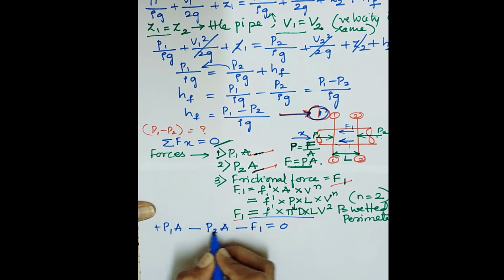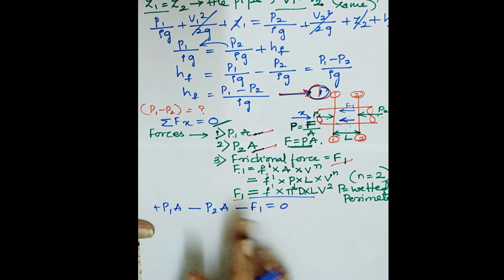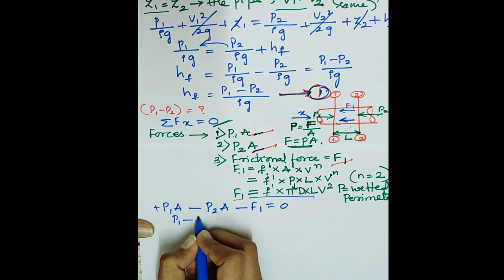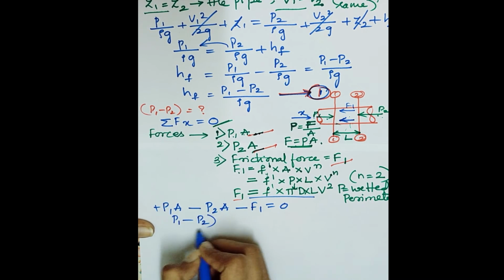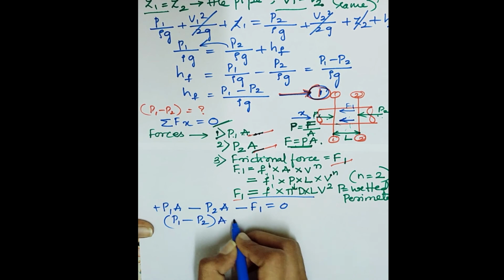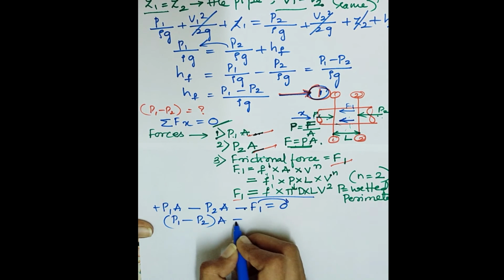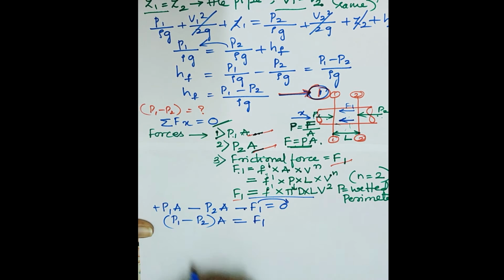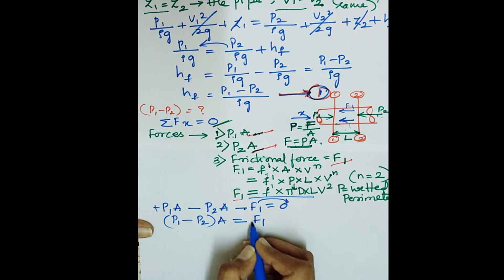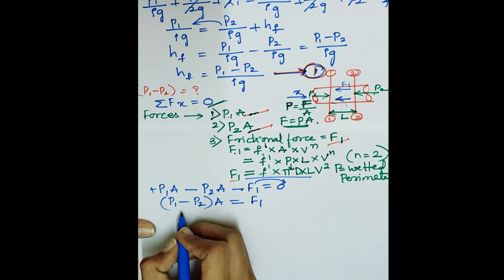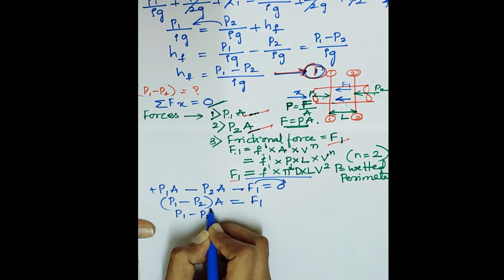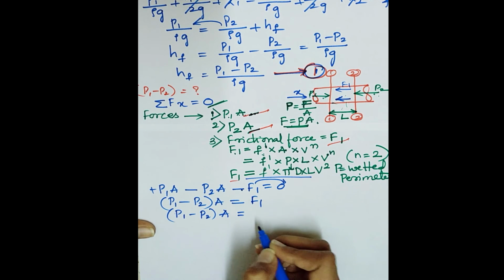Here you can take A outside, so it will be P1 minus P2 into A. This F1 will go to the right hand side, so P1 minus P2 into A is equal to F1. Here we'll substitute F1.